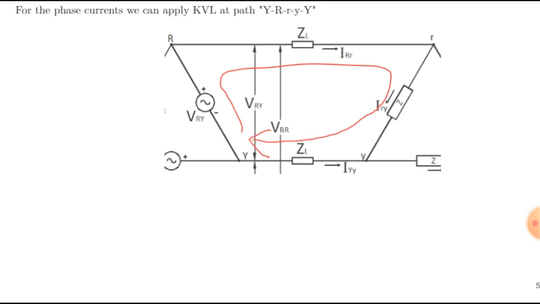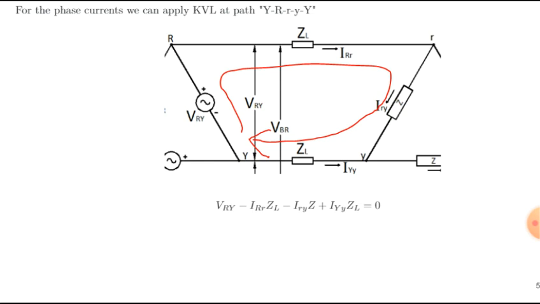We can apply KVL at that loop R, Y, R, small y to y. So if we apply KVL, this will be our formula: VRY positive minus IR times ZL minus IRY times Z plus, it's plus because IYY is the opposite direction as the path, times ZL, and it should be equal to 0.